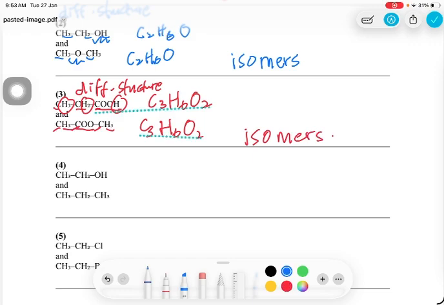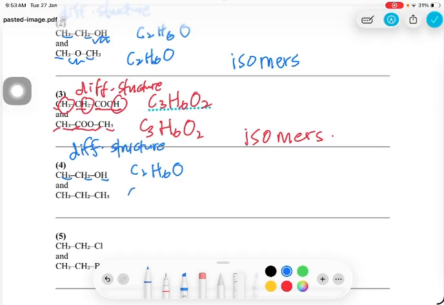Okay, the fourth pair, when we look at here, they are OH, but this one have no OH. So again, we can see they have different structure. Next, we will check the number of atoms. So for the first one, we have 2 carbon, 3 plus 2, 5, 5 plus 1, 6, and then 1 oxygen.